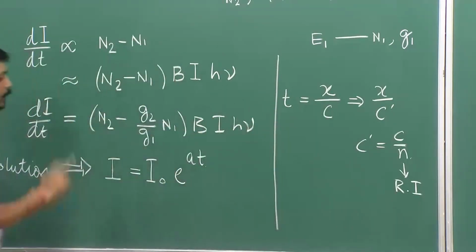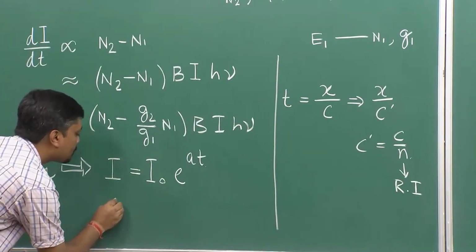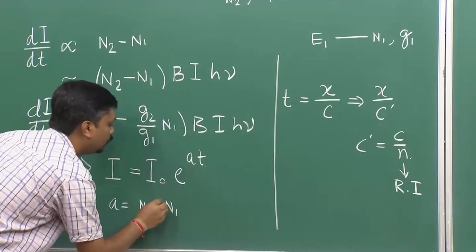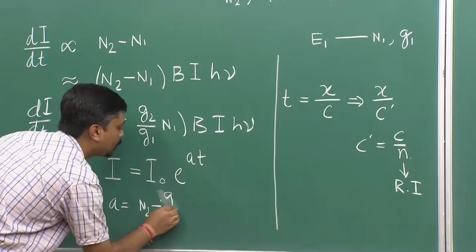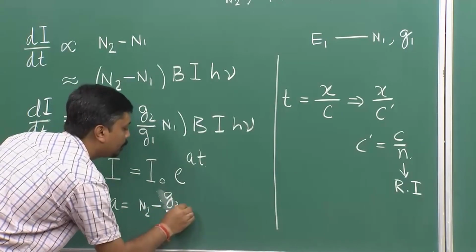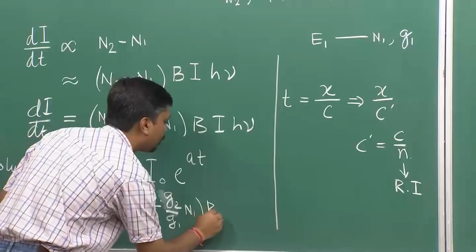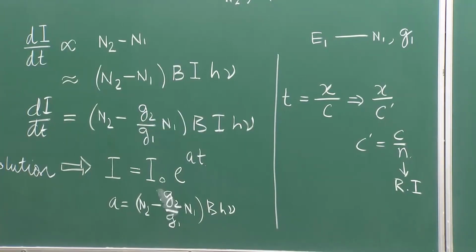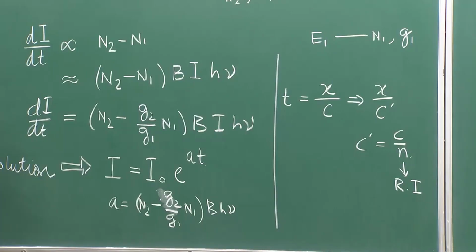One thing I forgot to mention: this a is essentially nothing but N2 minus N1, with the degeneracies, maybe. Now if we express this in terms of the distance x, then how can we write that?